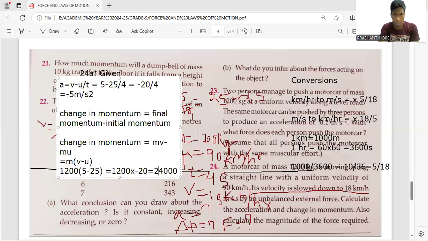So minus 24,000. What is the unit of momentum? Kg meter per second is the unit of change in momentum.